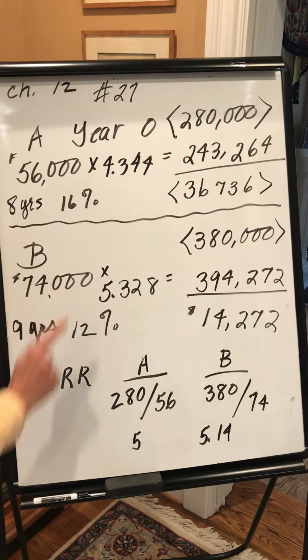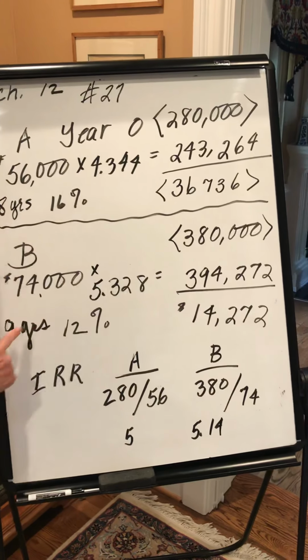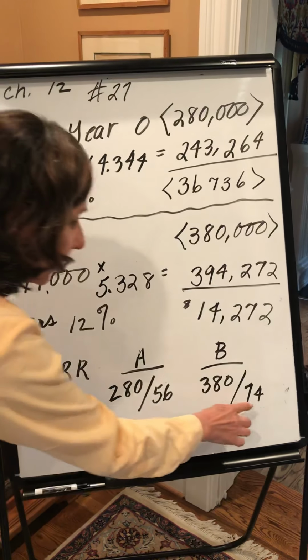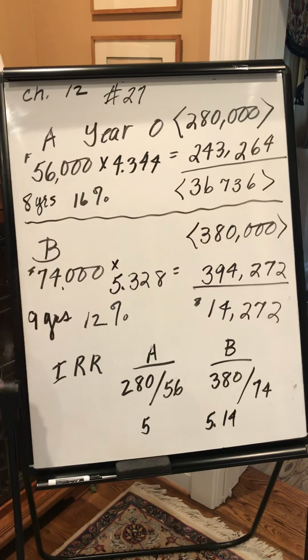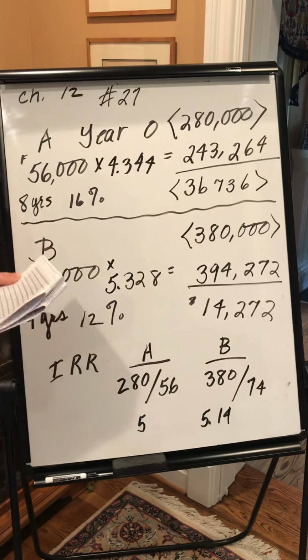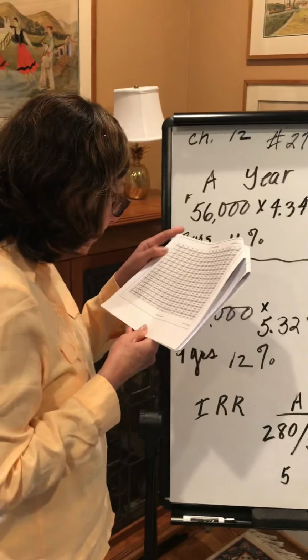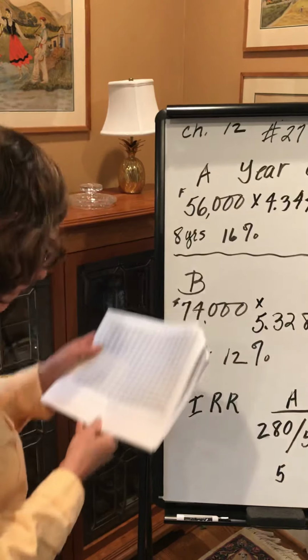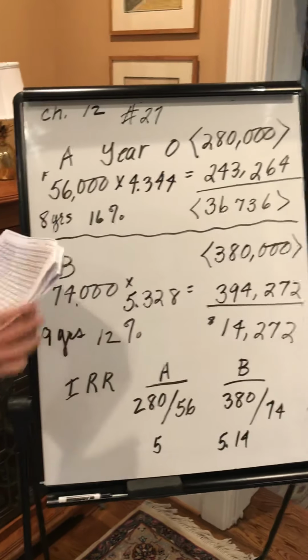Now, project B, we'll do the same thing. 380,000 divided by 74,000. That's going to give us 5.14. That's 9 years. We will go to our present value of an annuity table. We'll go down to 9 years. Okay, where will I find 5.14?